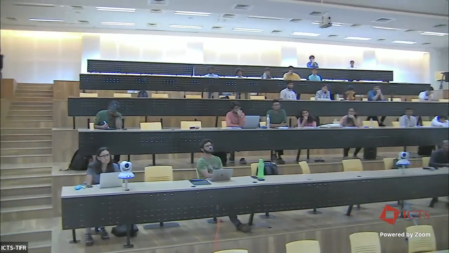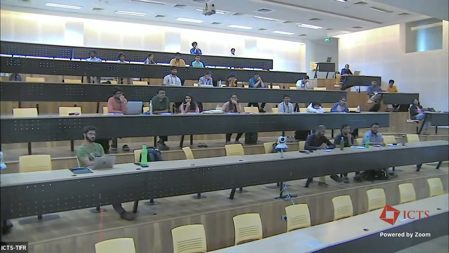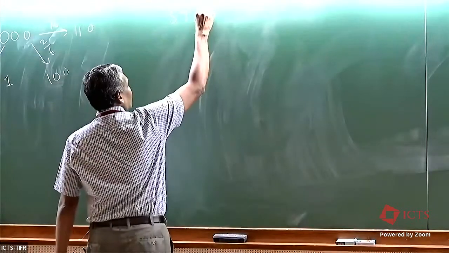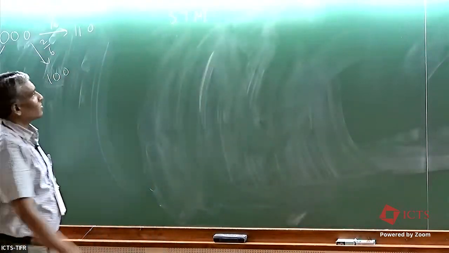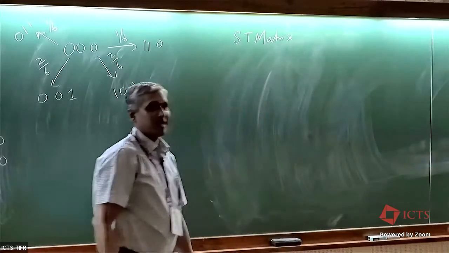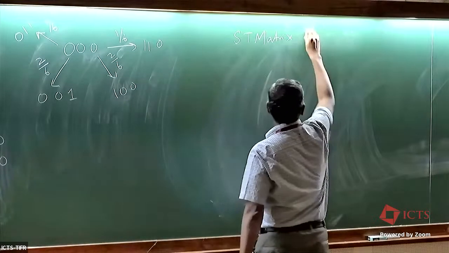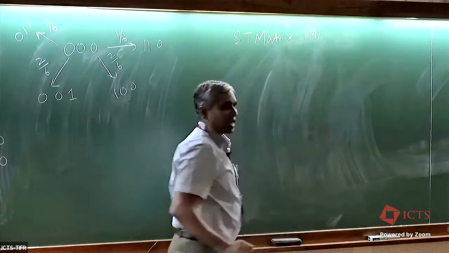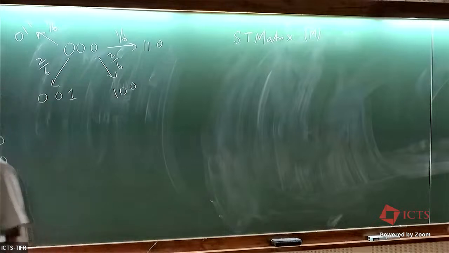So I can generate what is called the state transition matrix. I just call it M, which are essentially the transition probabilities between any two nodes in my state transition graph.